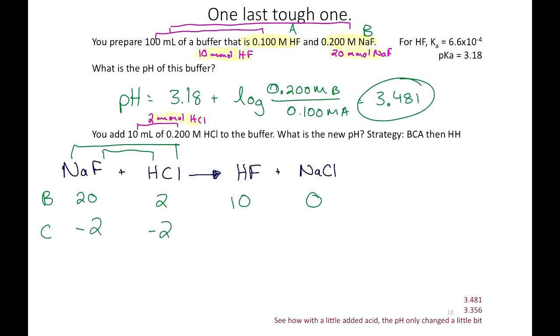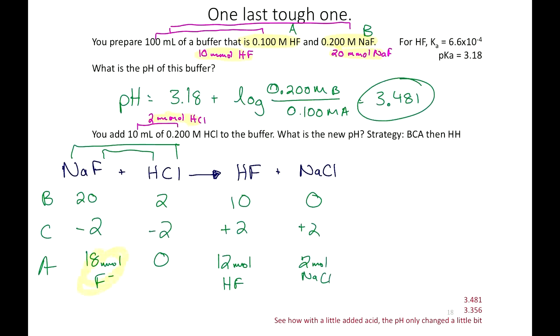All right, so I consumed my reactants, but then I also produce products. So if it's -2 on the reactant side, what is it on the product side? +2 and +2. So after this partial neutralization of a buffer, I have 18 millimoles of F-. I have 0 HCl. I have 12 millimoles of HF, and I have 2 millimoles of NaCl.